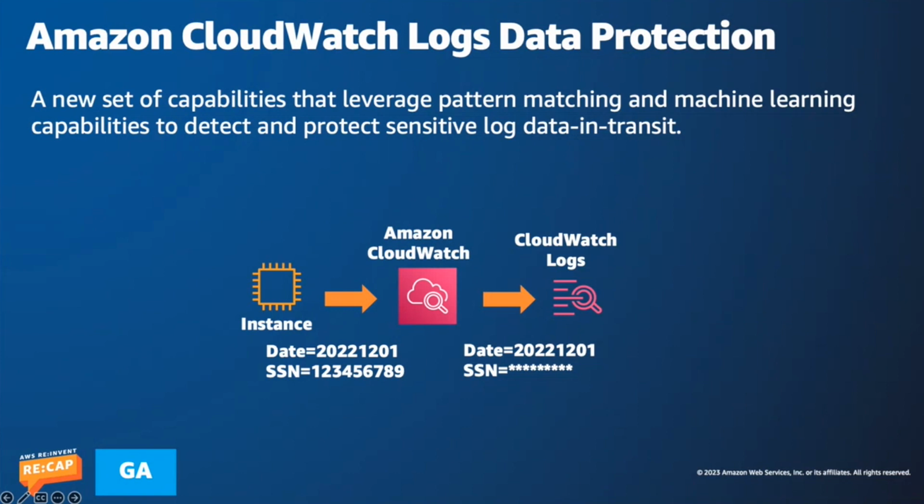For example, you may have social security numbers and other private data that should not be exposed while passing through some of the services or within the log. You may leverage this to protect sensitive data that is in transit. And this functionality is already GA.